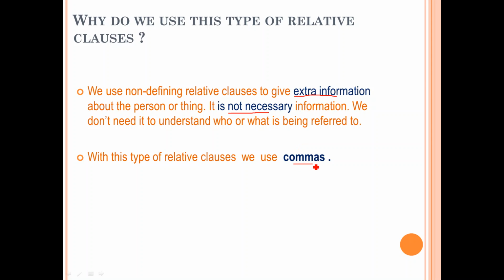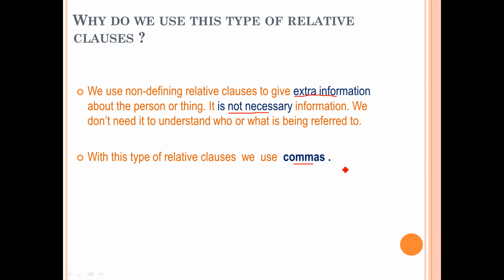So punctuation is very important in this kind of grammatical structure، وهو استخدام الفاصلة ويعتبر كتير مهم وأحد الفوارق بين هاي القاعدة وقاعدة defining relative clauses that we have spoken about previously.